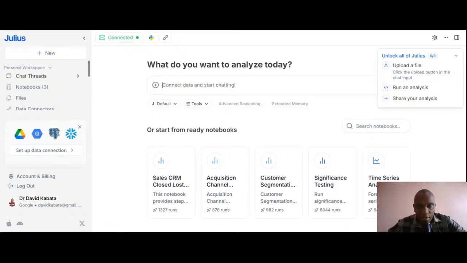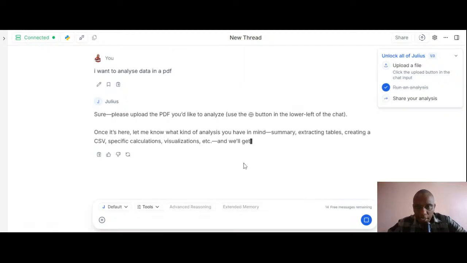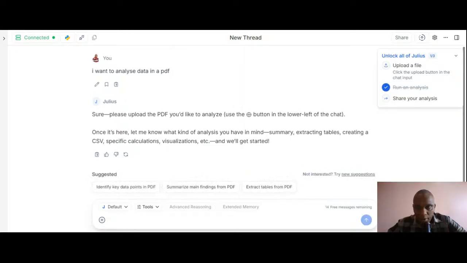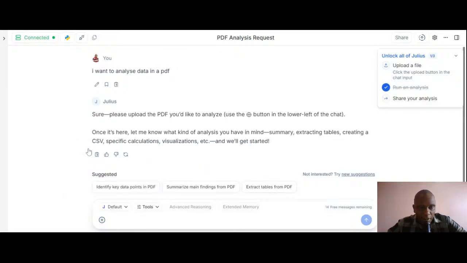I know that it is going to give me a button where I can bring the data on. So I can upload the file there. You can see I have a button for uploading the file.